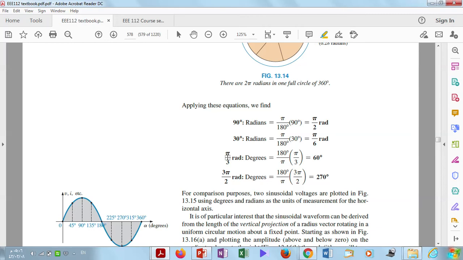Now what about the opposite? If we have pi over 3 radians and we need to convert it to degrees, you will multiply by 180 over pi, the pi cancels, 180 divided by 3, you will get 60 degrees, and similarly for 3 pi over 2, you will get 270.